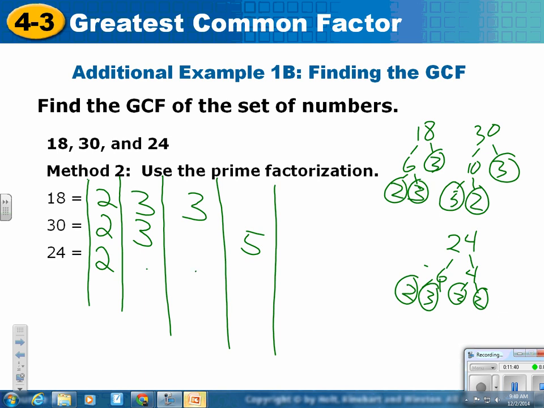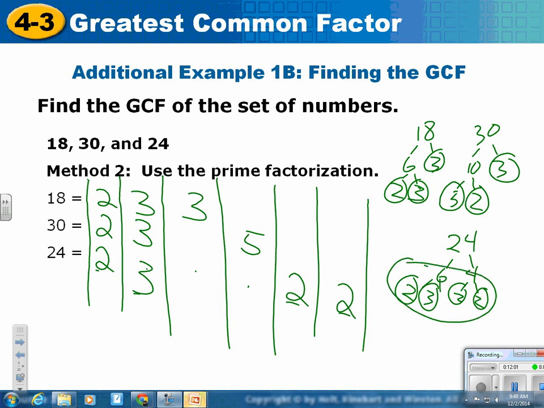I can't put a 2 here because it's a 3 column. I can't put a 2 there because it's a 3 column. So I have to make another column for a 2 and another column for a 2. And then my 3 can go right here.